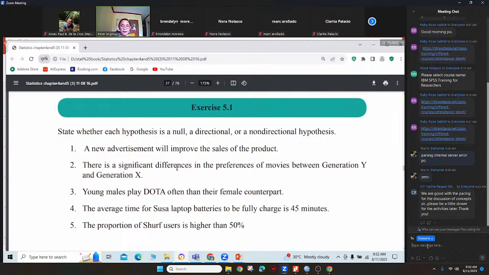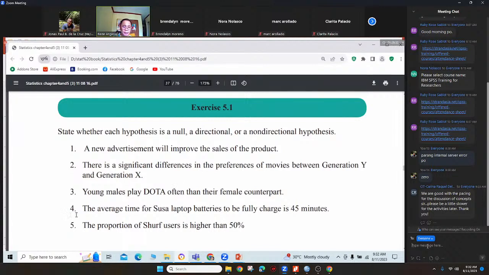Number 2, there is a significant difference in the preferences of movies between Gen Y and Gen X. There is a significant difference, so this is non-directional. Number 3, young males play Dota more often than their female counterpart. So this is directional, more often.